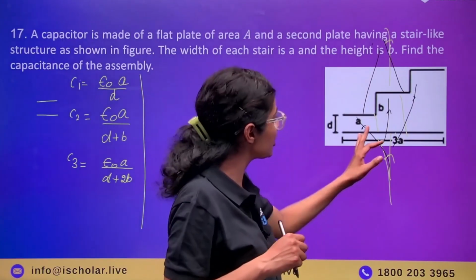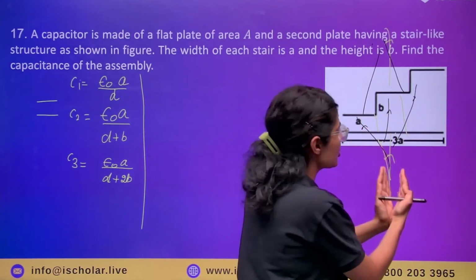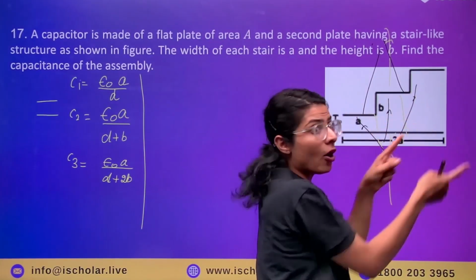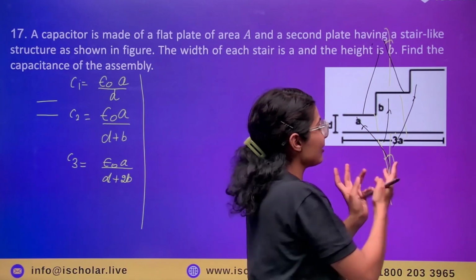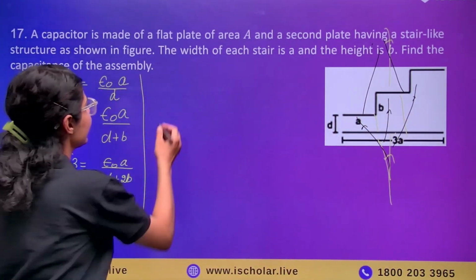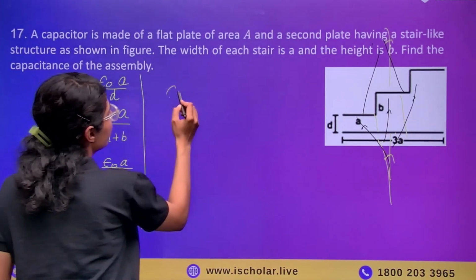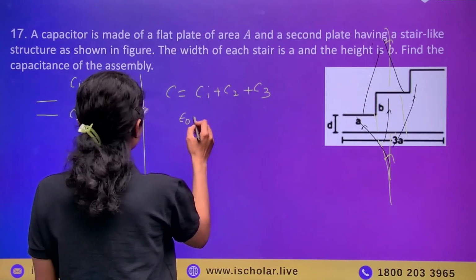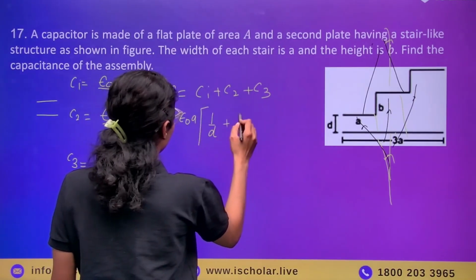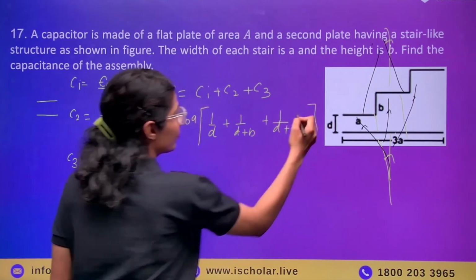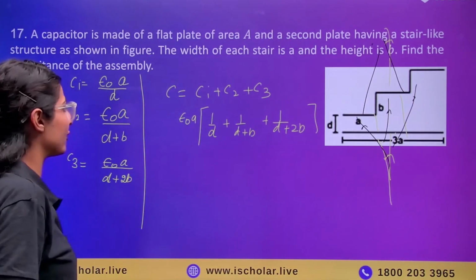Or you can say the charge flown can be of different amounts. Charge flowing through all of these is not the same. Charge has 3 different paths. It can go like this. This is in parallel, and we'll say that the total capacitance in parallel is just the addition. You will just add all these 3 and you will get the answer, which is 1 by D plus 1 by D plus B plus 1 by D plus 2B. This is the total capacitance for it. I hope it is clear.